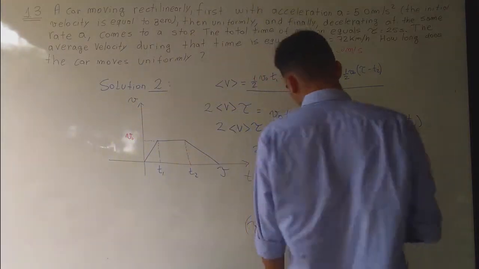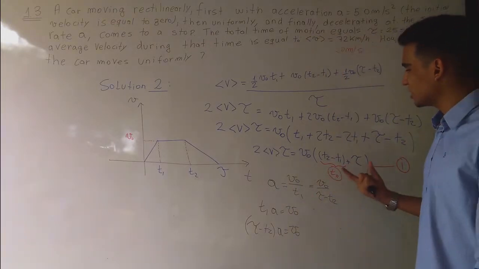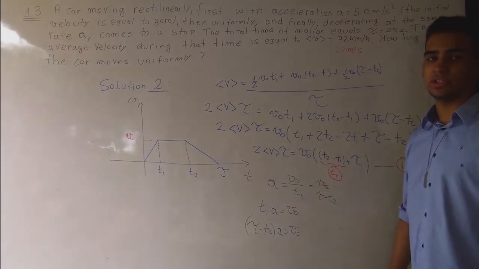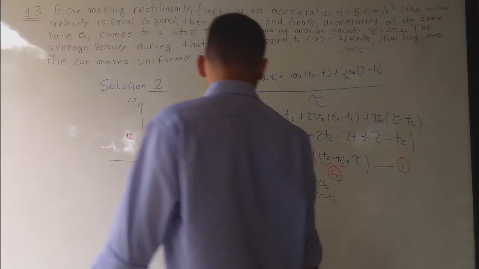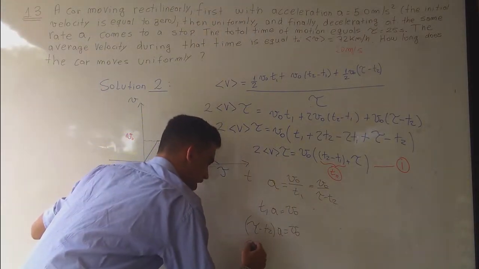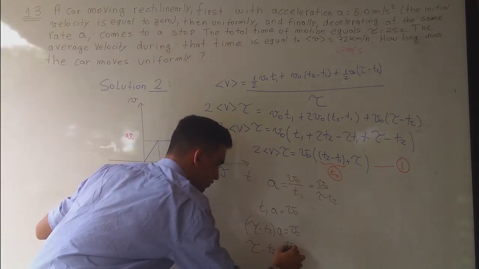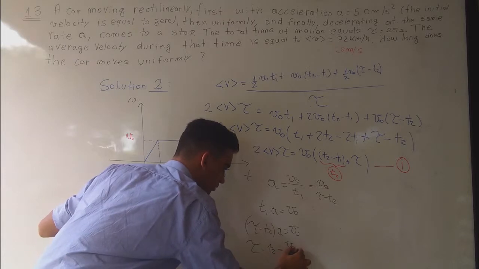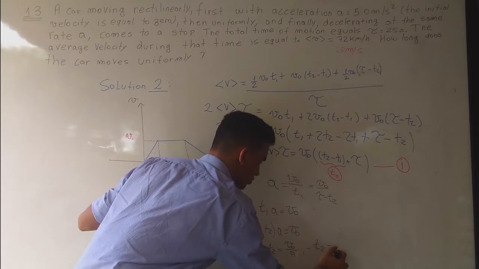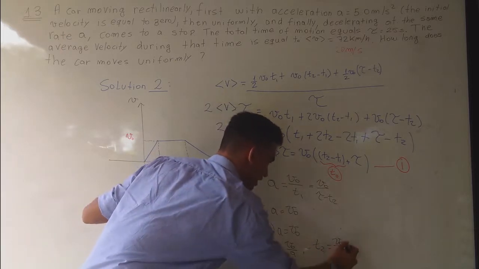We have these two equations, and we need to somehow relate this part of the equation with these two equations. So we can do tau minus T2 is equal to V0 upon A. Therefore, minus T2 is equal to V0 upon A minus tau.